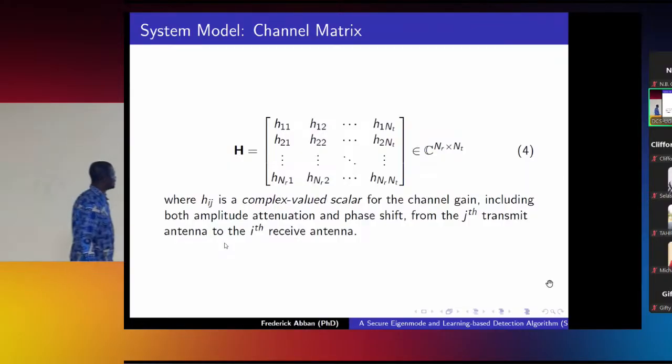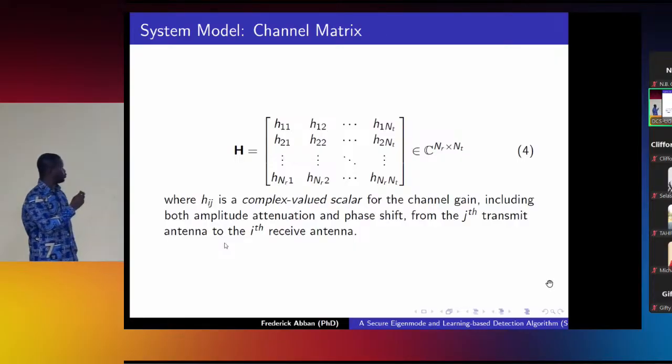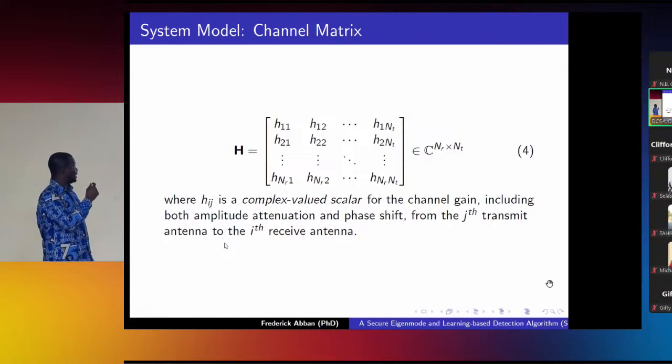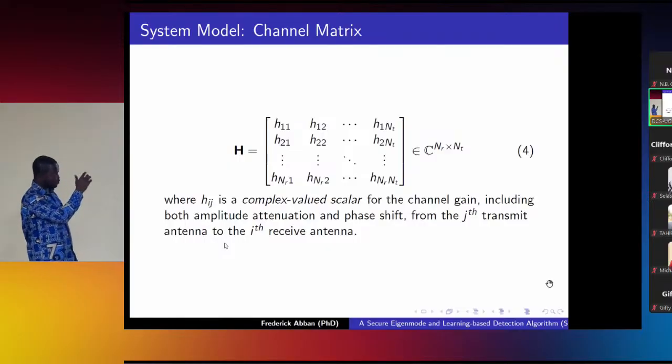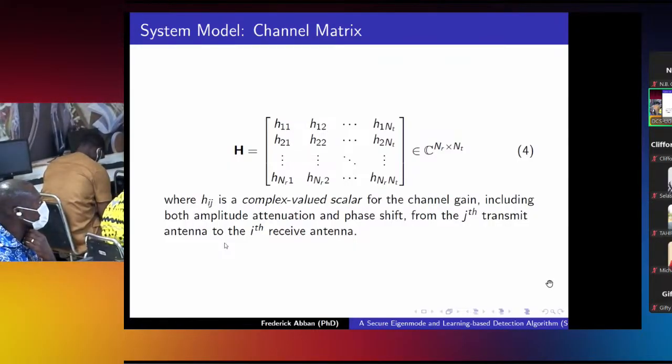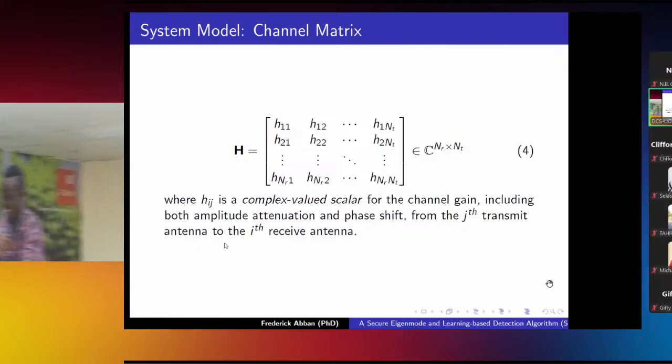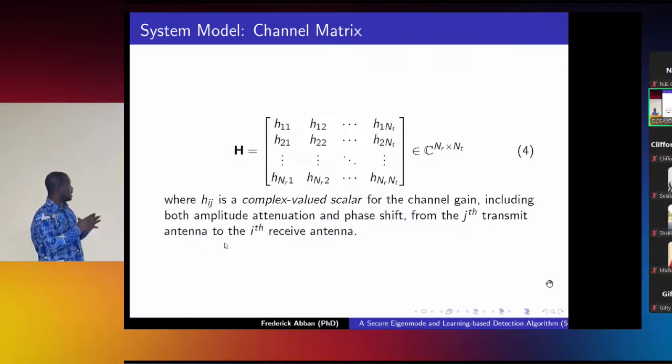For example, H21 refers to the channel of antenna 2 of the base station communicating with antenna 1. And H11 is antenna 1 communicating with antenna 1, and it continues like that. And like I said earlier on, these complex values comprise the receiver signals and the transmitter signals.